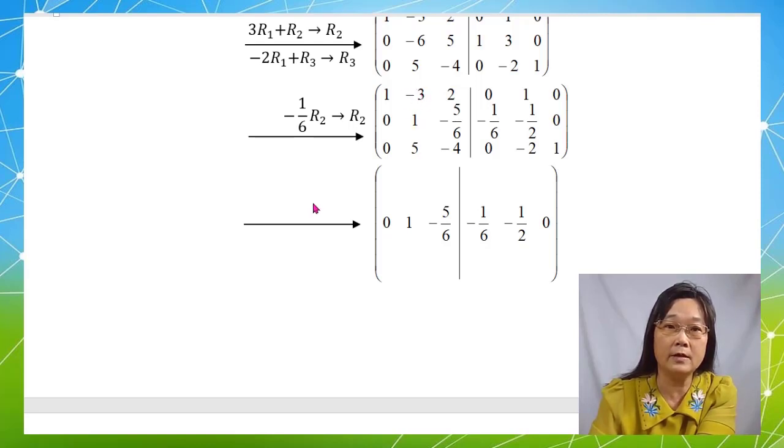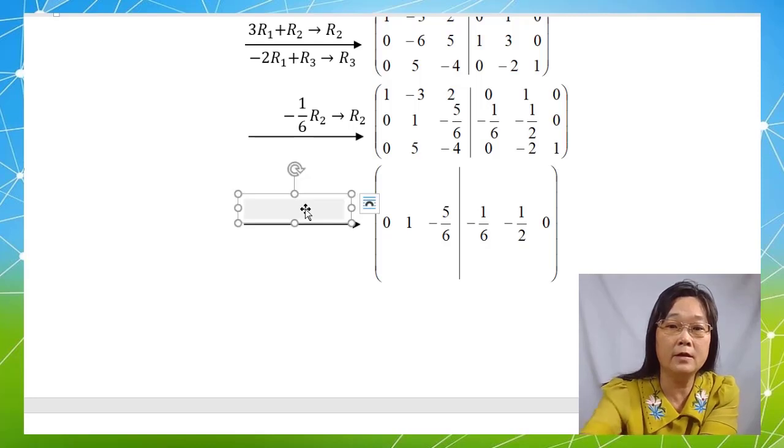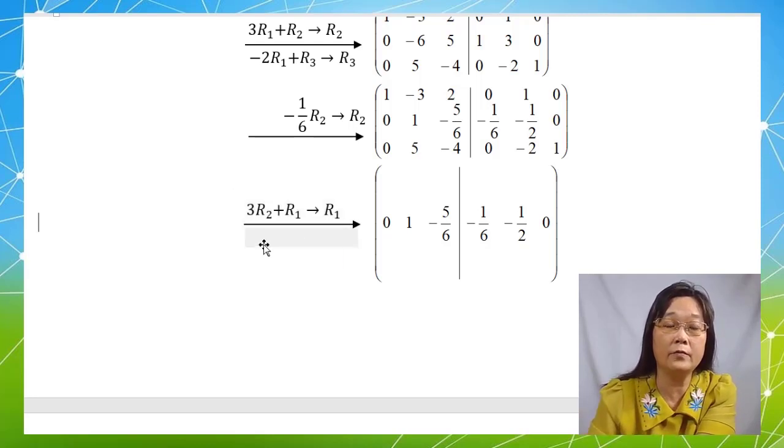So this one becomes 0. So now I'm going to use the operation 3 times row 2 and add into row 1. So the result will replace the row 1. So now each of the element in row 1 will follow this operation.